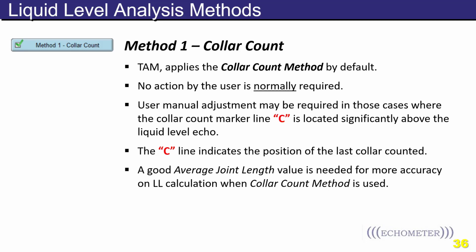The software will actually use this value to estimate the acoustic velocity, and unfortunately we still see a lot of fluid level shots with 31.7 as average joint length, which is a software default. You want to look at the tubing description and calculate a better average joint length if you're deciding to use a color count, because that will impact the liquid level depth calculation.